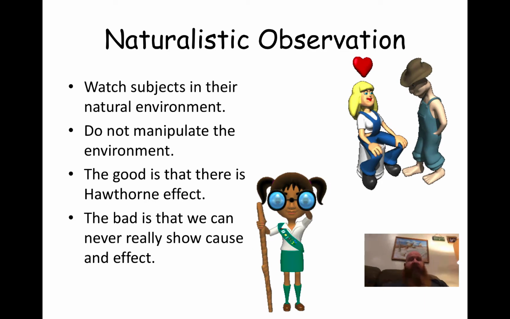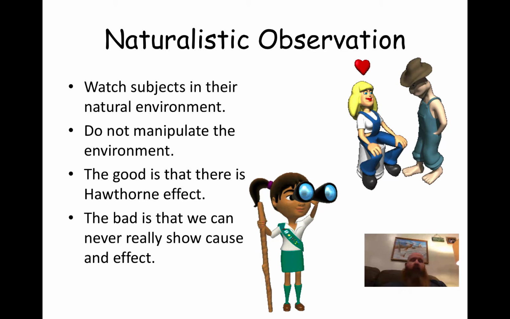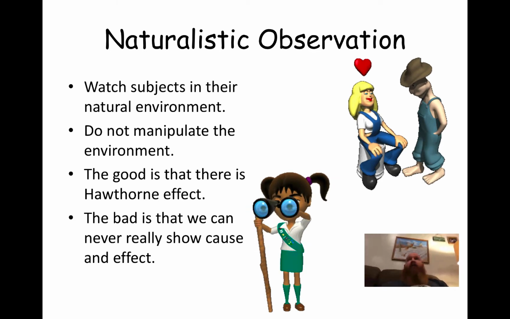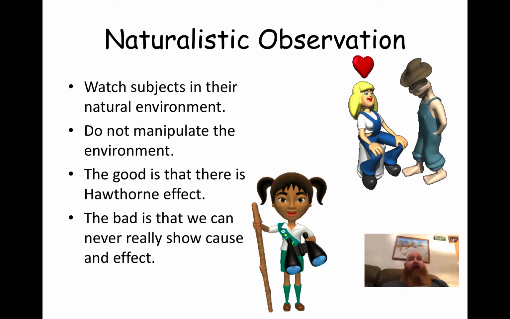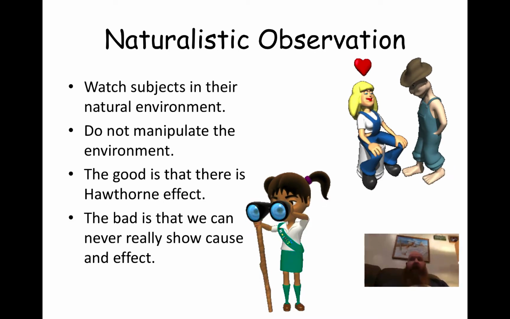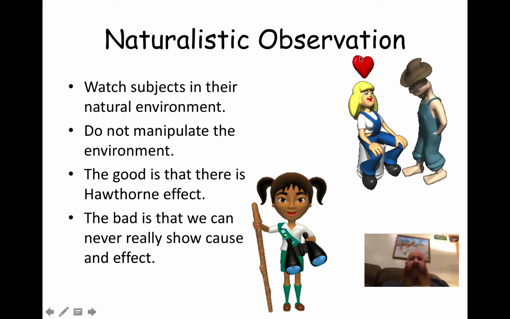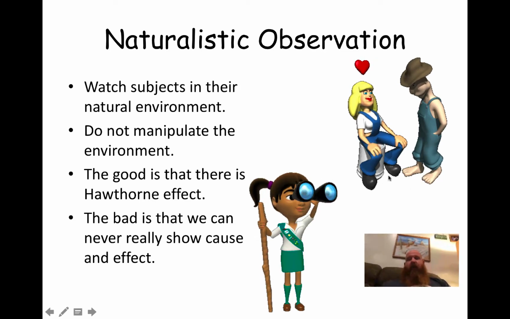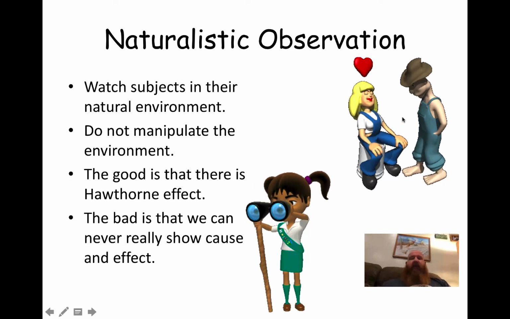The problem with this is because you can't manipulate the environment, there's no way to show cause and effect. Because there's so many other variables, it would be very difficult in just naturalistic observation to actually say A causes B. To see this right here, it'd be very difficult for us to say women who wear overalls cause men in overalls to be attracted to them.